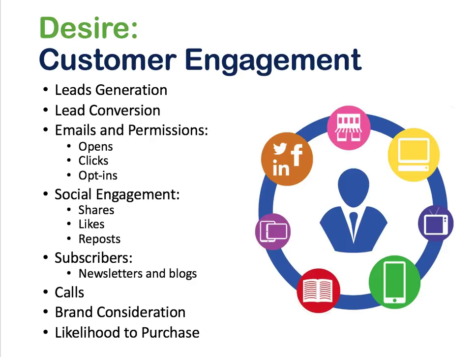The last two are also extremely important when it comes to desire, which is, are we now in the brand consideration set? So we've gone from the broader piece of we were aware of the brand, but we're also aware of several of our competitors' brands.